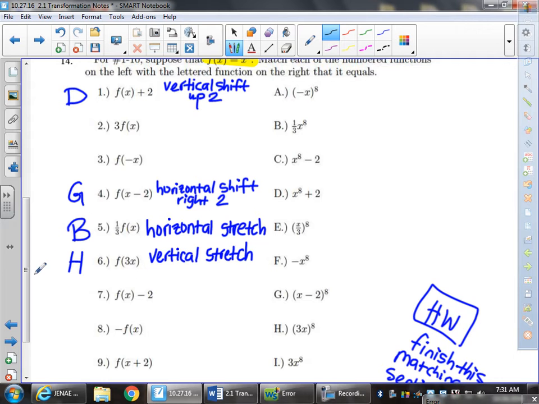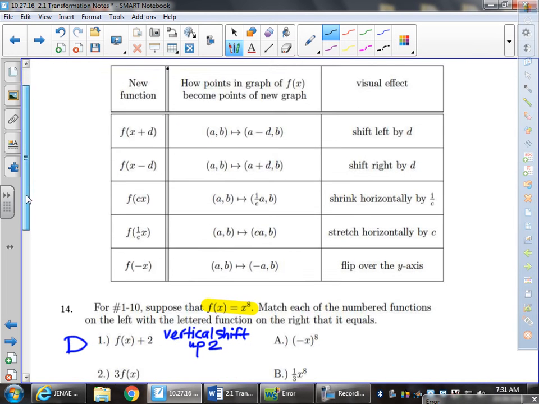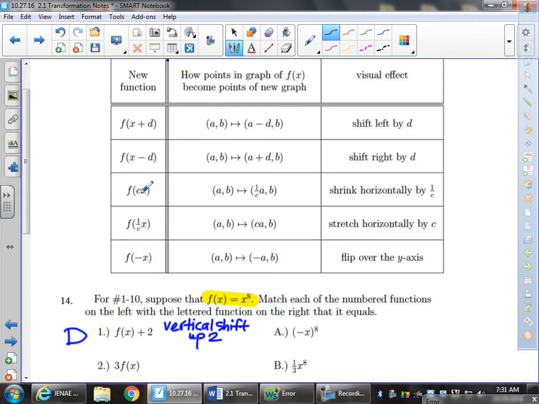That's my coefficient. And here, f of cx, so that could have been a 3, for example. It says shrink horizontally. So make a note. Vertical stretch.